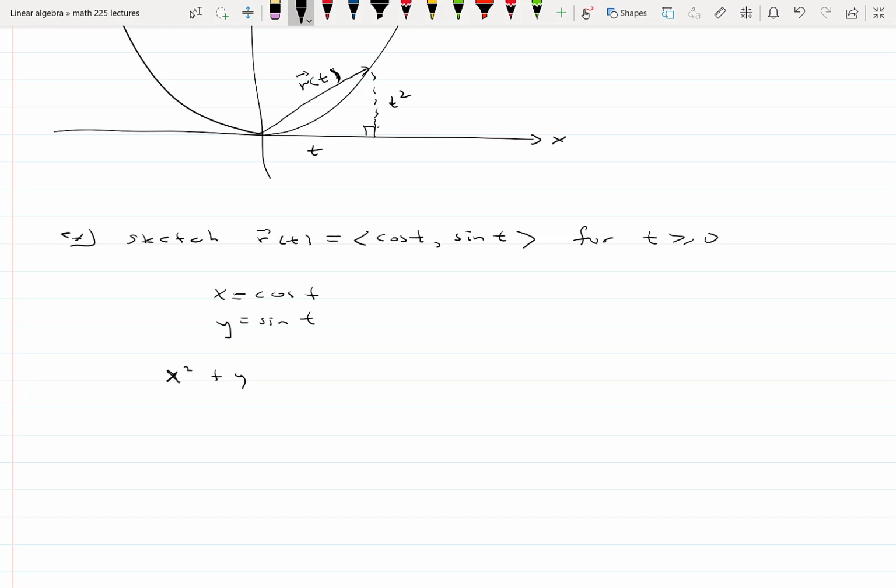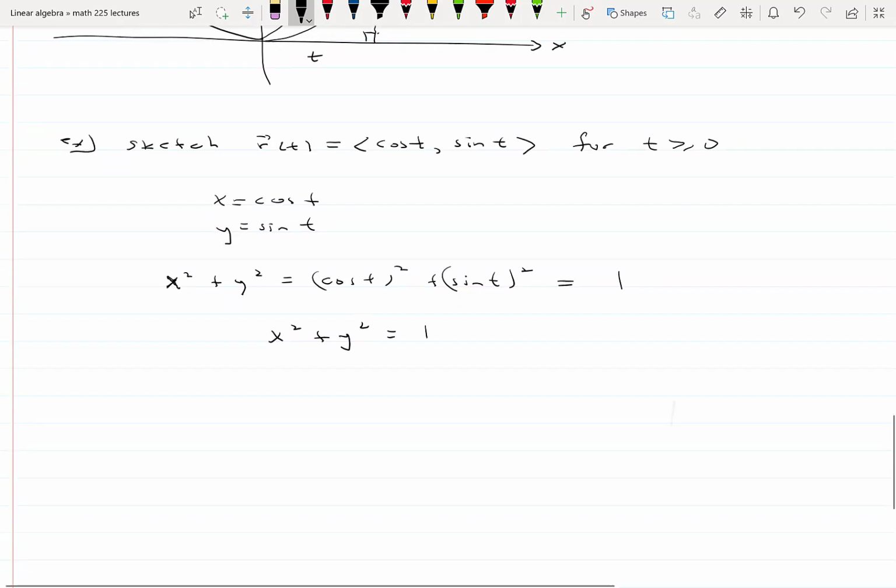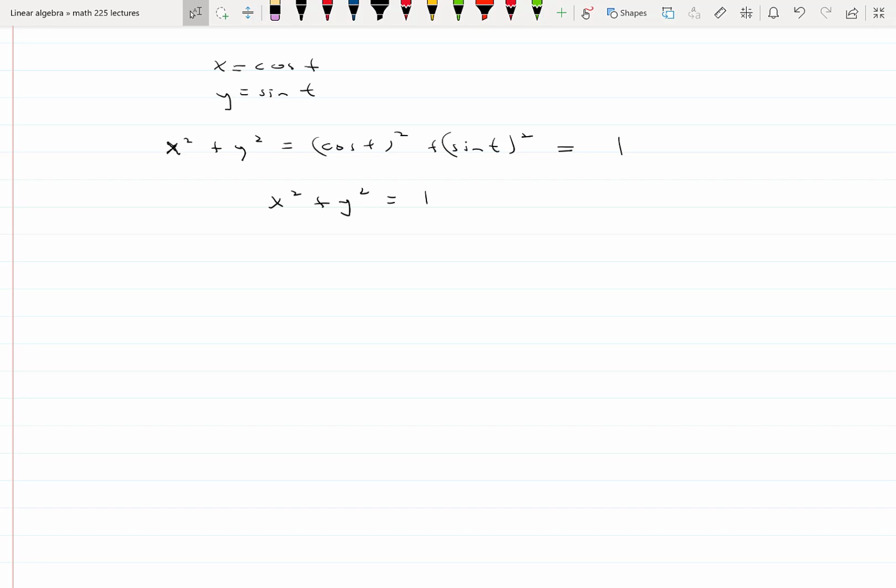If we take x squared and y squared and add them up, we get cosine t quantity squared plus sine t quantity squared. And it's one of the first identities you study in trig. This is 1. Cosine squared t plus sine squared t is 1. So this curve, this vector function, lies on the circle x squared plus y squared equals 1.